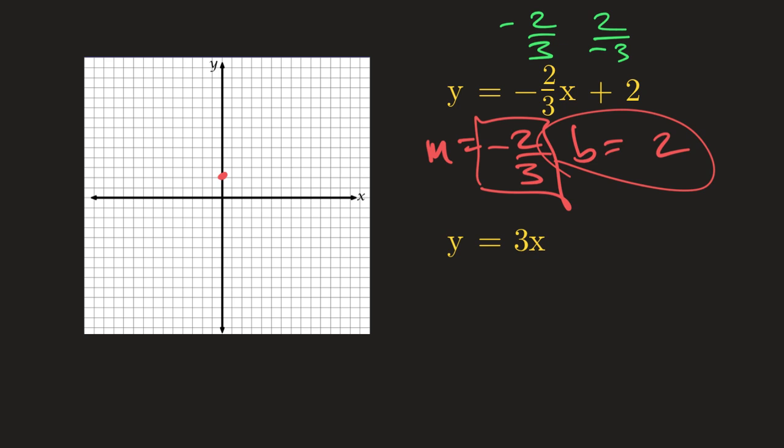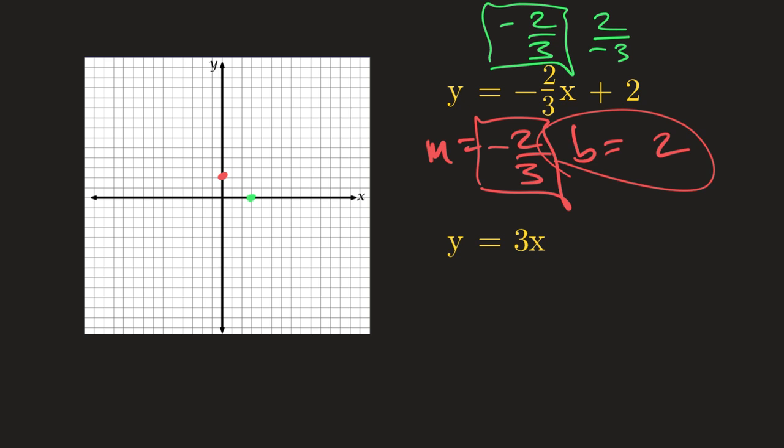It doesn't matter, okay? If we associate it with the top number right here, negative 2 over 3, that means from my y-intercept, I'm going to go down 2 and then right 3. I'm going to go down 2 and then right 3 and put a point there.